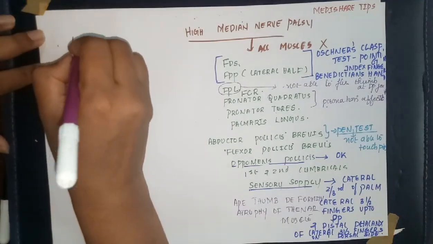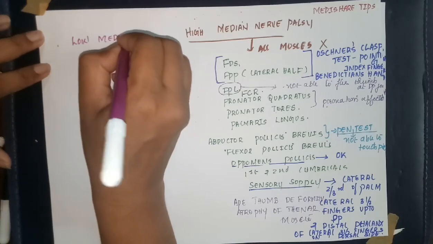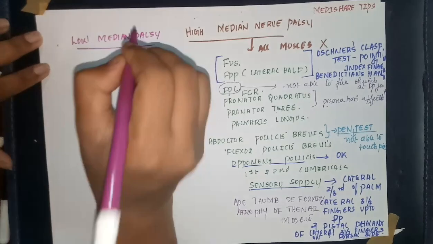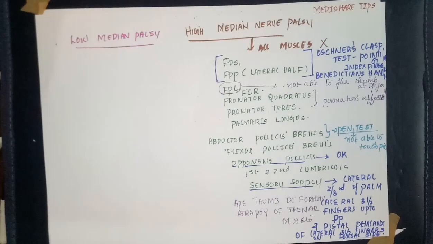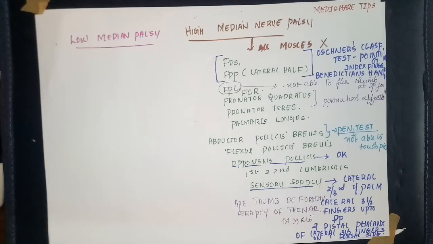In a low median nerve palsy, the median nerve is injured at the wrist. So the median nerve is injured at a point where it has already given off the branches to the flexor digitorum superficialis, flexor digitorum profundus lateral half, and flexor pollicis longus.